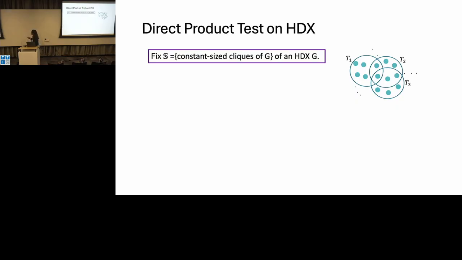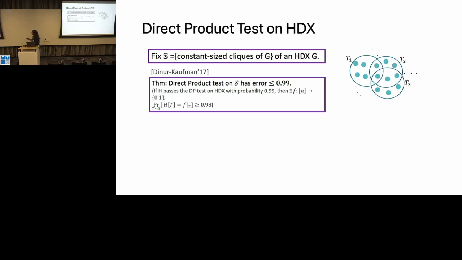As we had said, these hyperedges have a very nice overlapping structure. So you can define again a natural two-query test, which is just to pick two hyperedges with good overlap and test whether your function restricted to the overlap agrees. And they showed that a direct product test on this set system has error again 0.99.